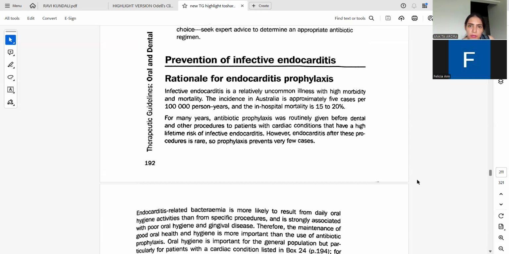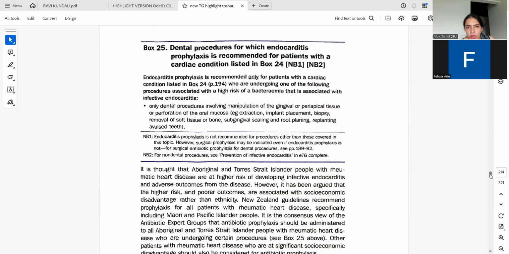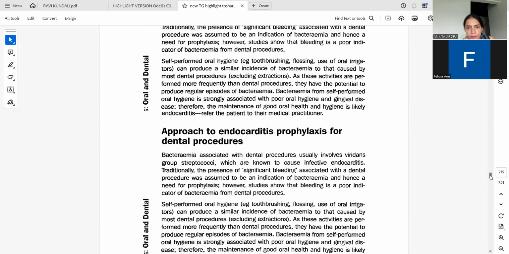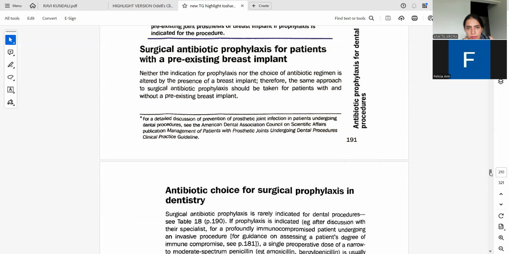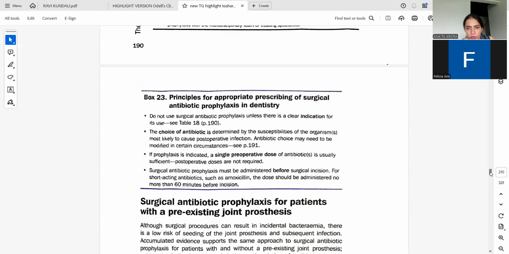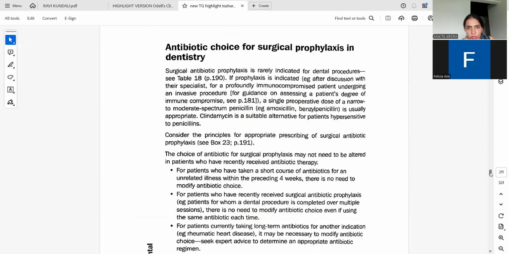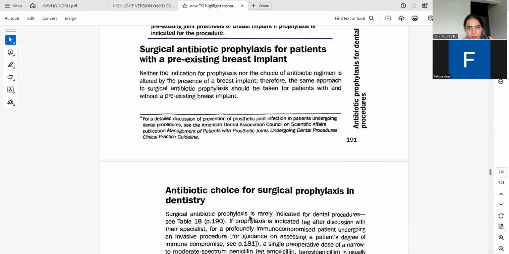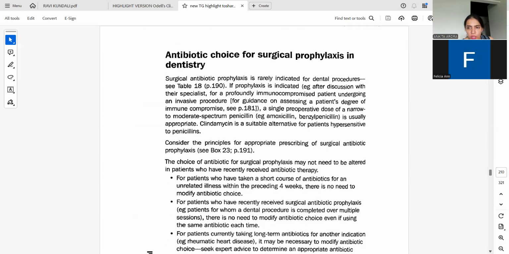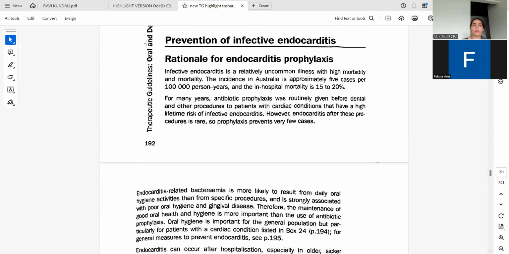The next segment is prevention of infective endocarditis. Now, for infective endocarditis prophylaxis, it is very important to know about the rationale.